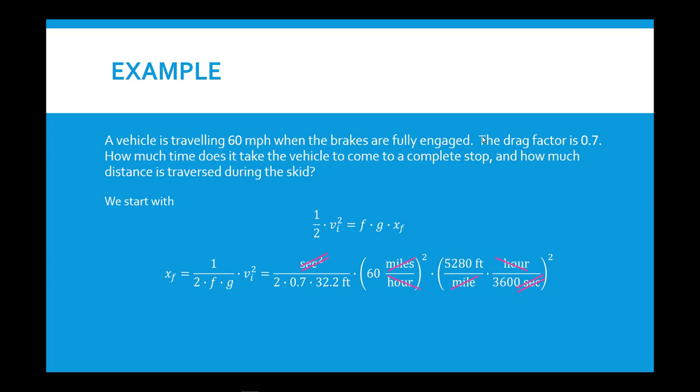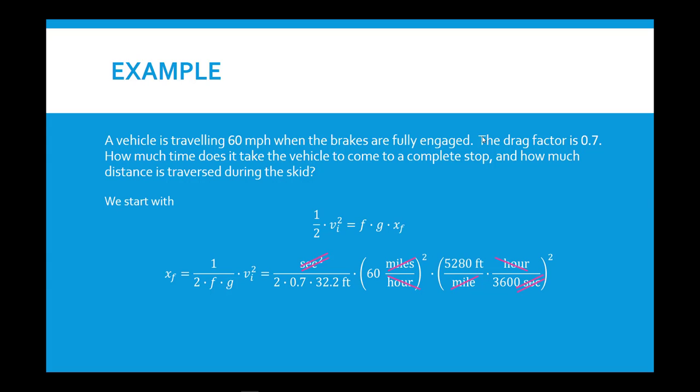Notice that it's a little bit complicated here because we have terms that are squared, unit carrying terms that are squared, so you have to be careful about that. There's actually feet left in this equation too. There's 1 foot in the denominator, 32.2 feet, but then in the numerator on the right, we have 5,280 feet, but that's squared. So we have feet squared in the numerator and feet in the denominator.